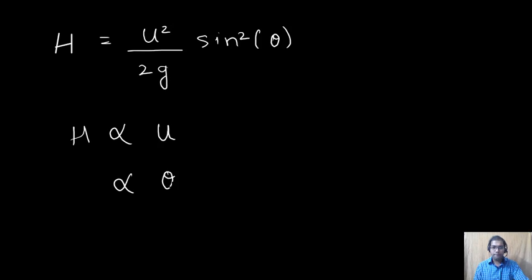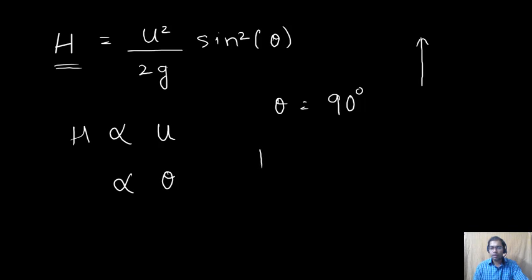Now, here if you see, g is a constant, so 2g is going to be a constant. So the variation of height is only because of initial velocity and theta. Now, if I take theta is equal to 90 degrees, that means I am projecting it straight upwards. We'll have to find out what is the maximum height obtained.